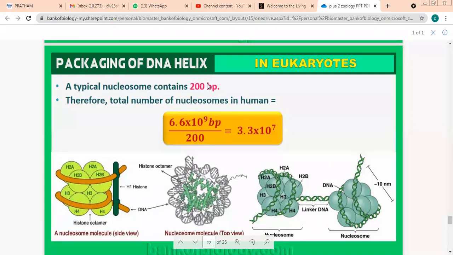And one nucleosome contains 200 base pairs. So let us calculate how many nucleosomes are there. When we solve this, we'll get 3.3 into 10 to the power 7. How many nucleosomes are present in eukaryotes? See the figure. How many nucleosomes?